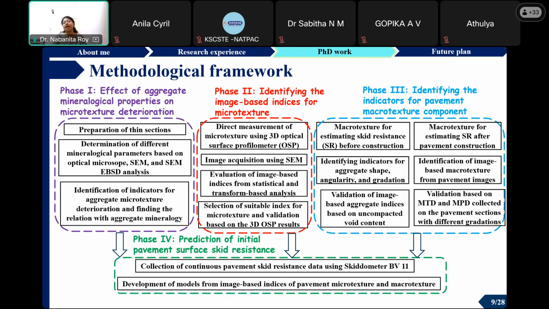That is before construction. After construction, I directly collected pavement images and did image analysis with them.